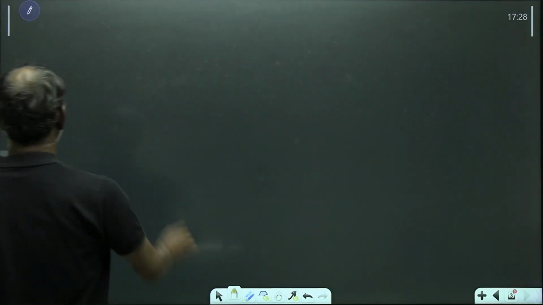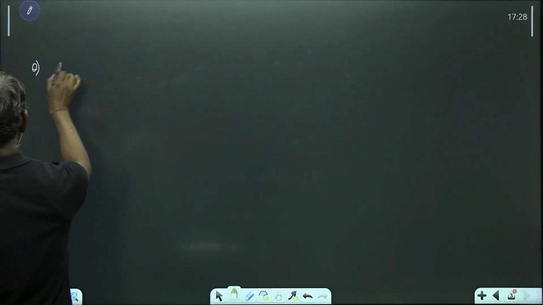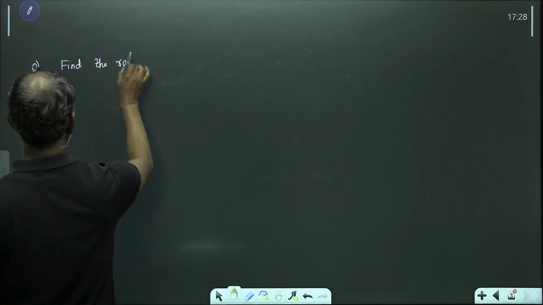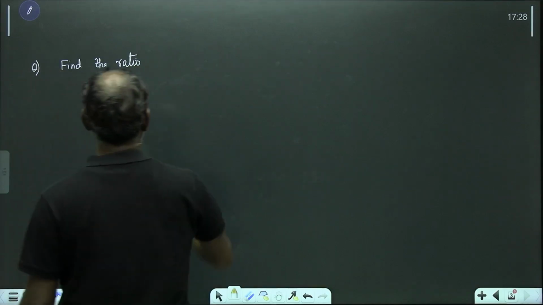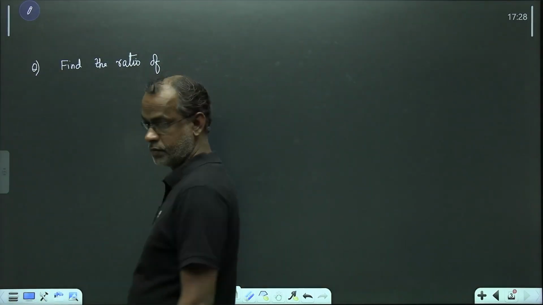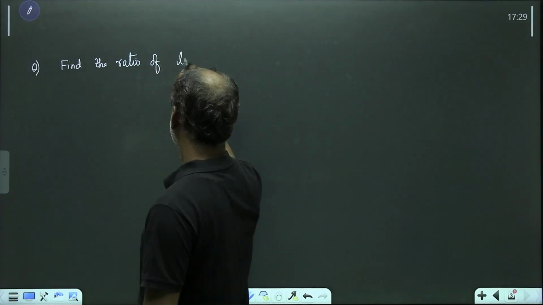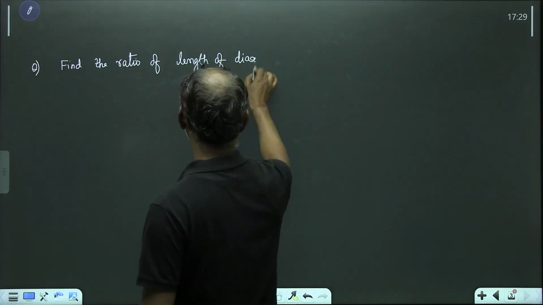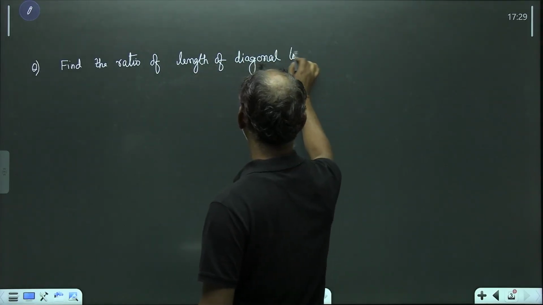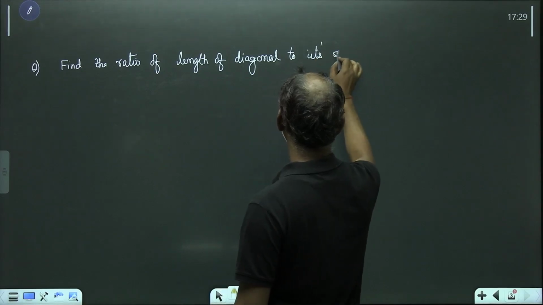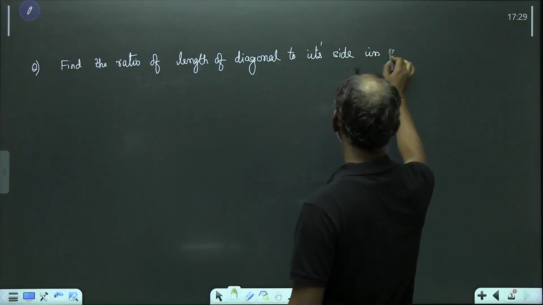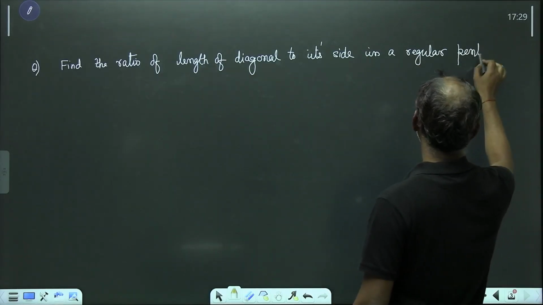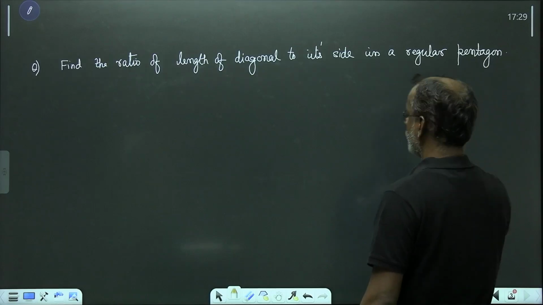say, find the ratio of the length of a diagonal to its side in a regular pentagon.